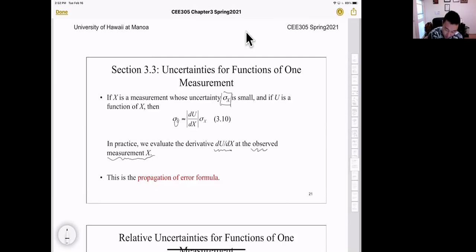So we do some calculation for the derivative, and then we plug the measurement of x into that equation to calculate sigma u. We call this the propagation of error formula, and this chapter 3 is called propagation of error.